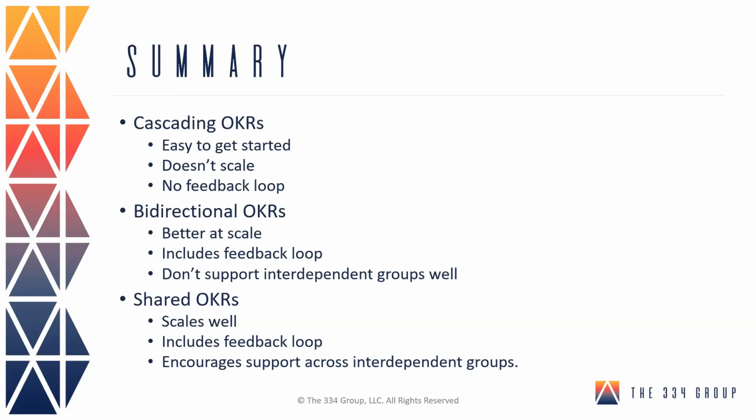In terms of creating alignment through the organization, shared OKRs are the best of these methods at ensuring interdependent groups are working to support each other as necessary. By having different groups, different departments, different teams share objectives and have shared accountability for those things as a department or as a group, we are incentivizing and encouraging cooperation, and that is how we increase alignment ultimately.